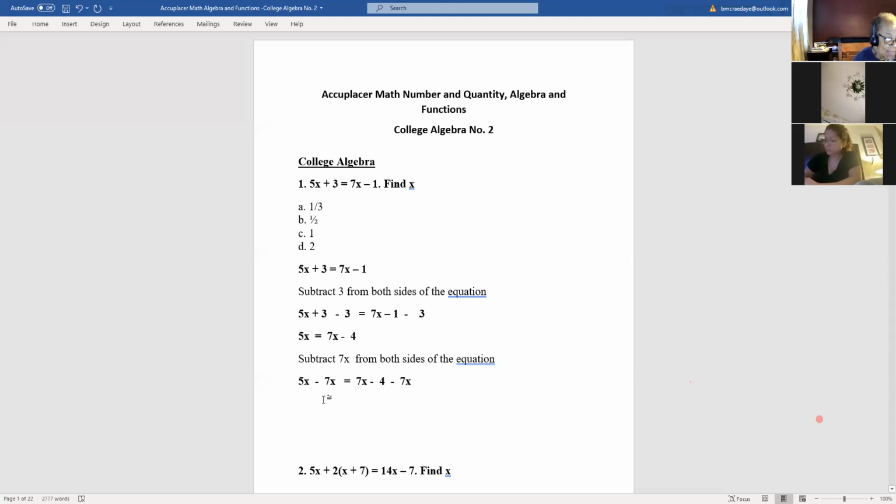What's 5x minus 7x? 2x. Plus or minus? Minus. That's it. Very good. Minus 2x. Because when you're adding unlike signs, you're going to subtract, and your sign is that of the number with the greater absolute value, which is 7. Absolute value means you don't look at the sign. So that's a minus.